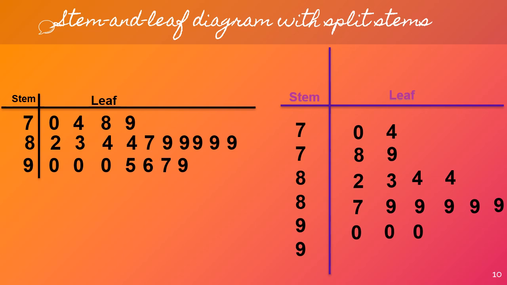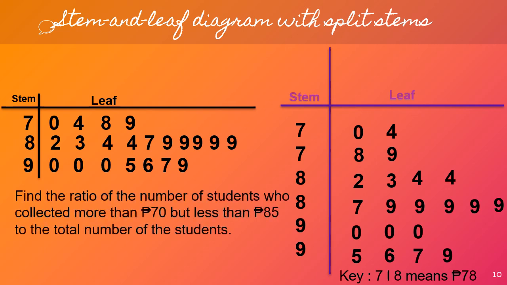And for the last stem, from 0 to 4, we have 0, 0, then for 5 to 9, we have 5, 6, 7, and 9. So the key is 7, then a straight line, 8 means 78 pesos.